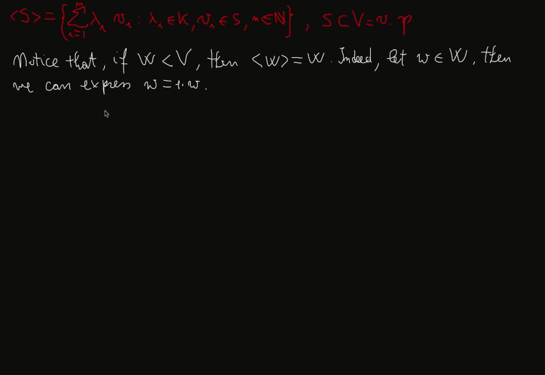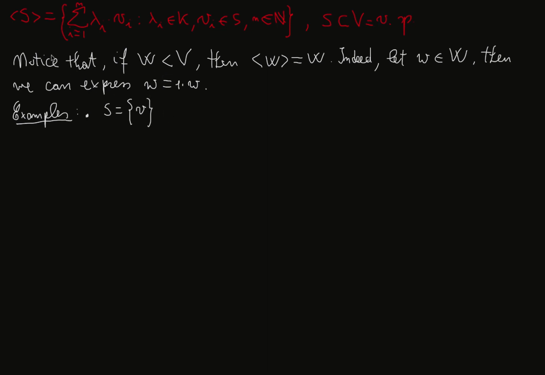We see now a few examples of these subspaces. So examples. Let's start from the most trivial one, which is if we take S to be simply one vector v. Okay.